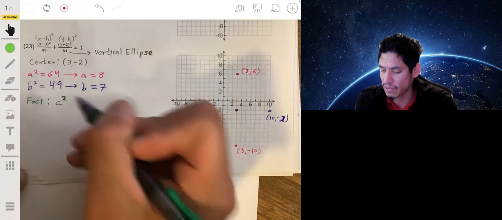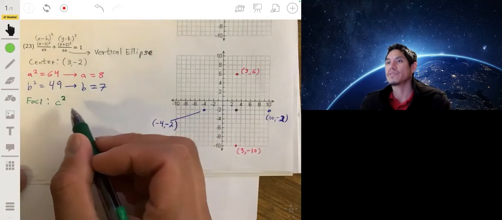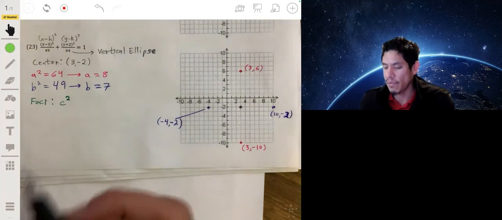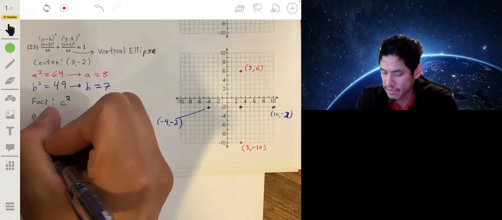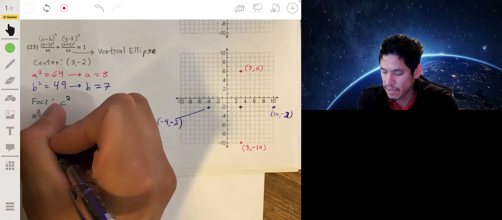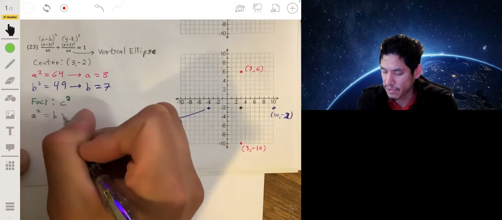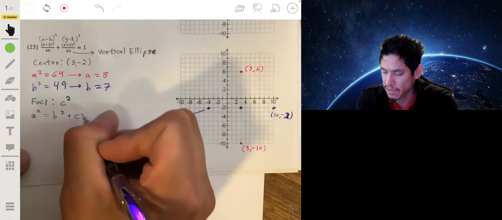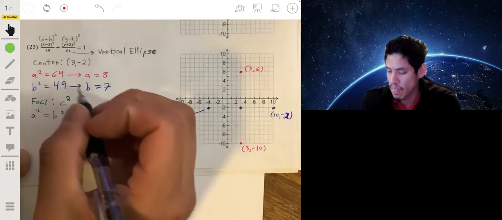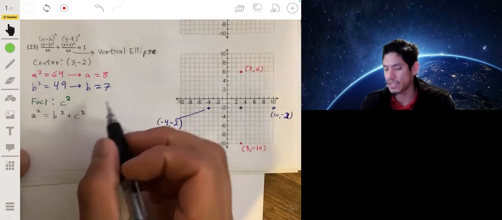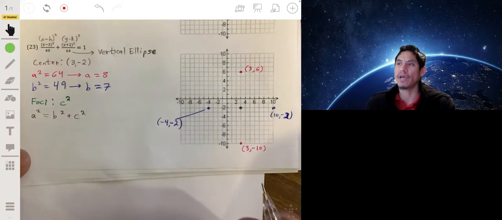So we want to figure out what c squared is, because we can relate all these values by this equation. A squared is equal to b squared plus c squared. So we can solve this equation for c squared, and then we can figure out what c is, and then we can figure out where the foci will be.